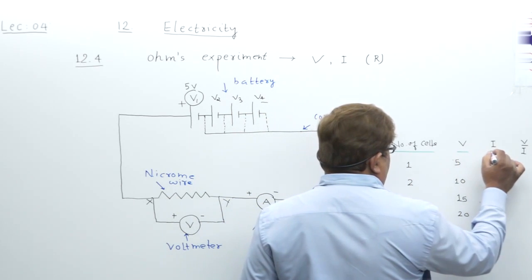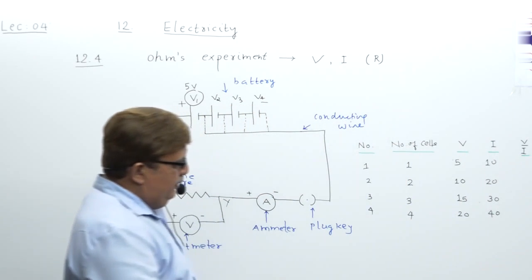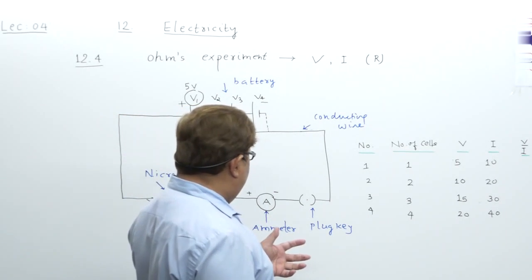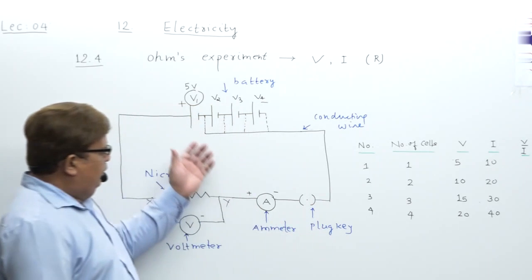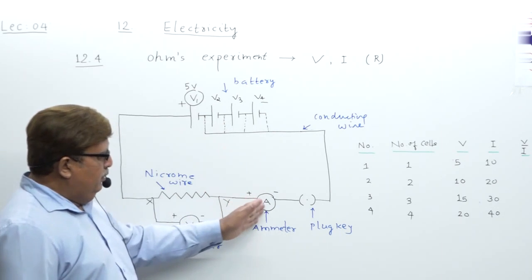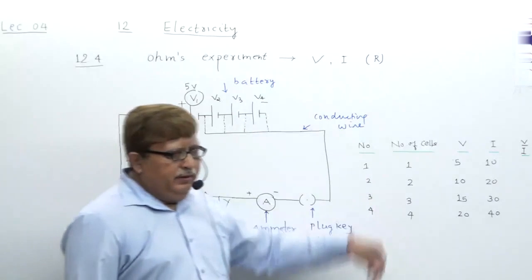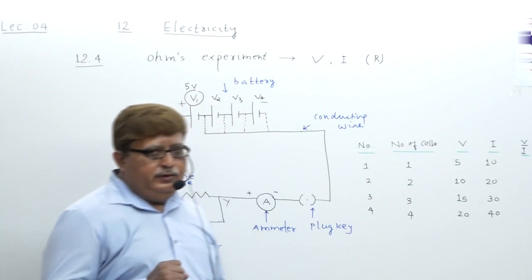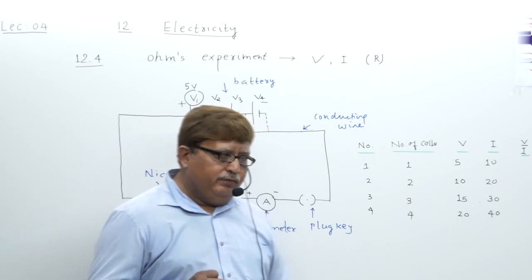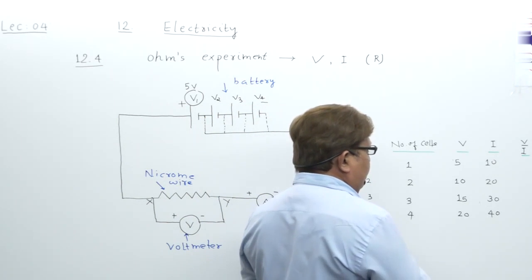Suppose reading in volt, reading in ampere, and then, my dear student, every time when you take the ratio, just try to understand, every time you first connect 1 cell, see the reading, 2 cells, see the reading, 3 cells, watch the reading, 4 cells, and write all readings, and every time whenever you connect this way, try to take the ratio, understand.